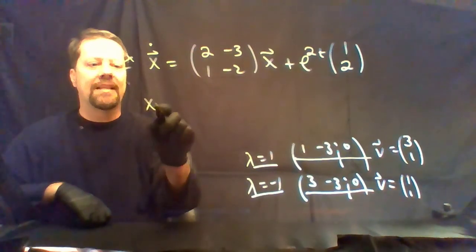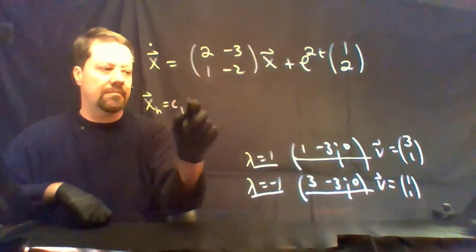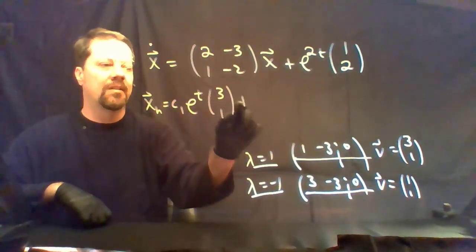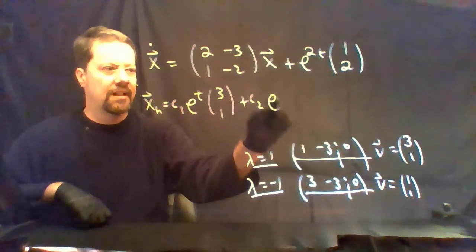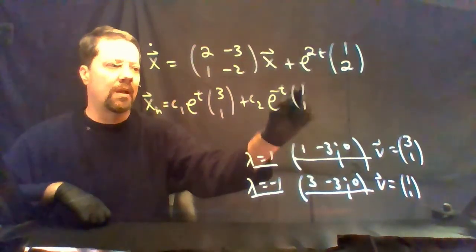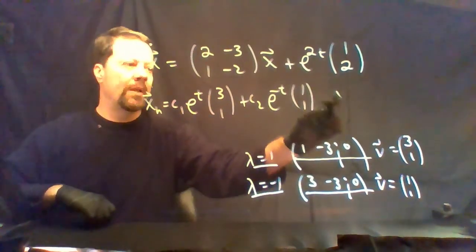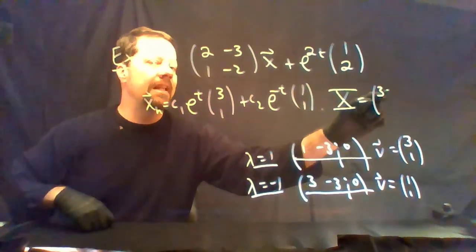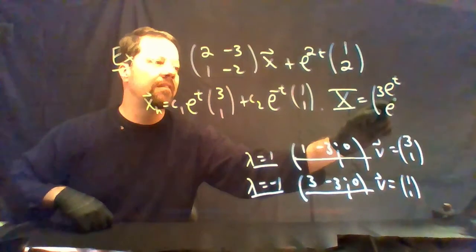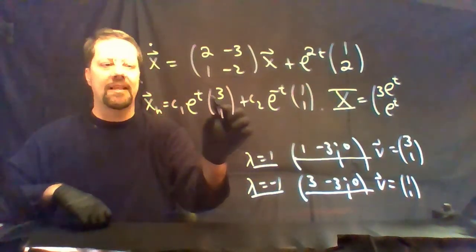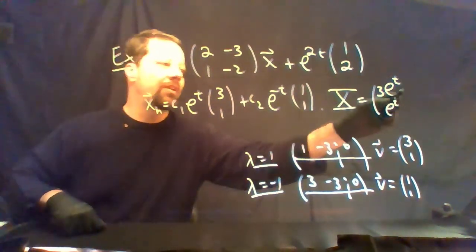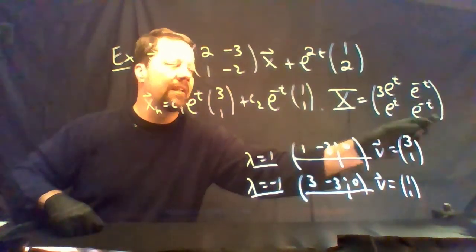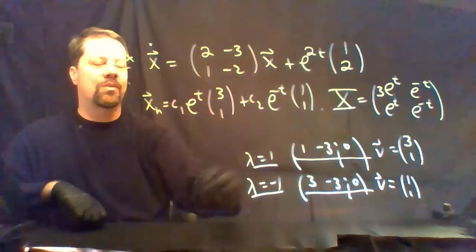We have a homogeneous solution then, c1 e to the t [3, 1] plus c2 e to the minus t times [1, 1]. We also have a fundamental matrix equal to [3e^t, e^-t; e^t, e^-t], multiplying each of these coordinates here.